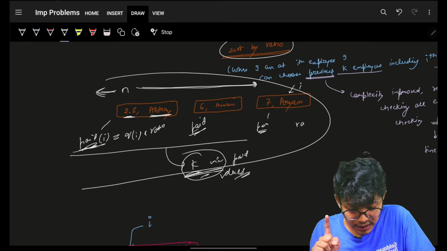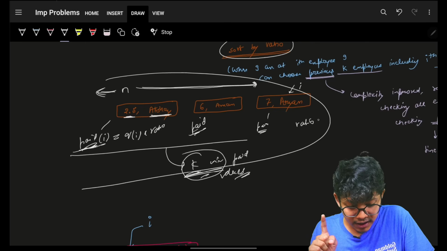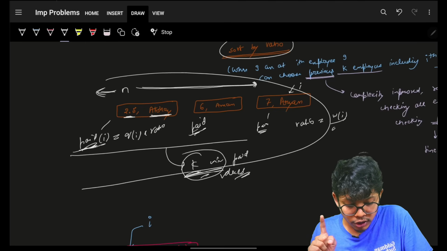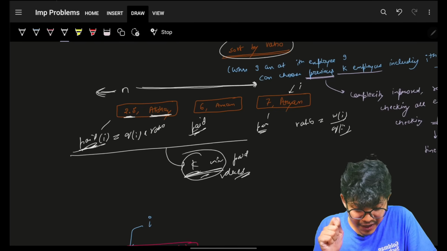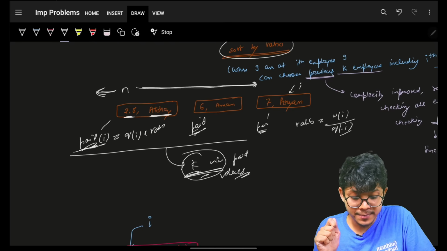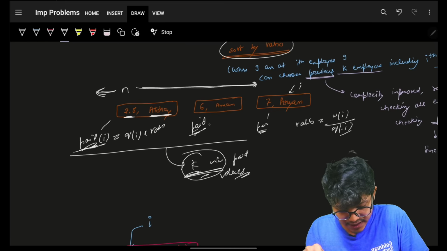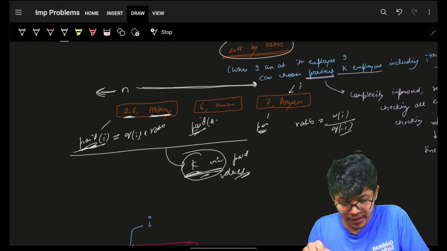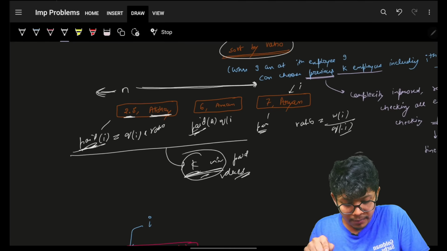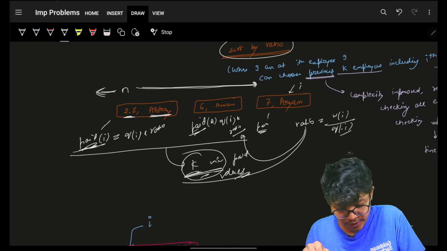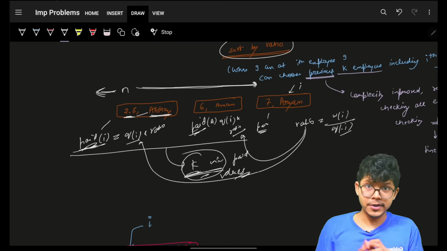So this ratio is wage of I upon quality of I, fixed by Aryan itself, because right now at this index Aryan is bechara. In the same way, the paid of this specific Aman will be quality of Aman multiplied by ratio. The ratio is based on Aryan, but the quality is based on them.